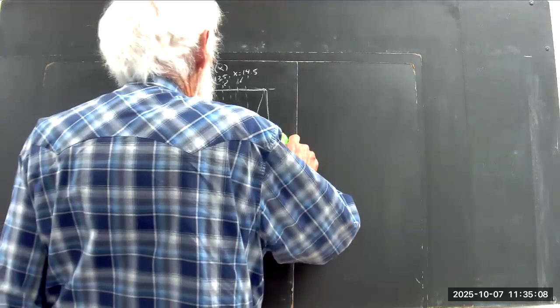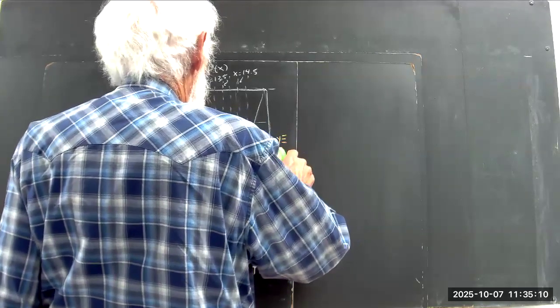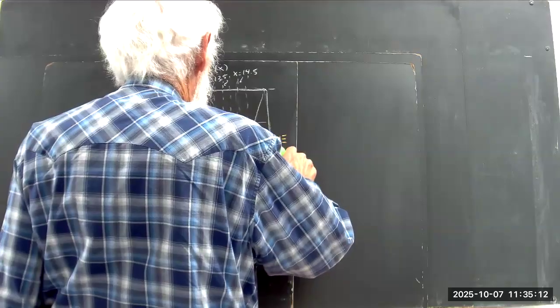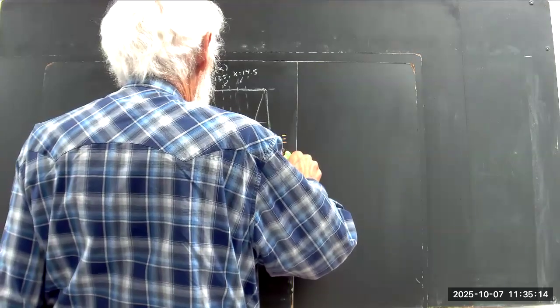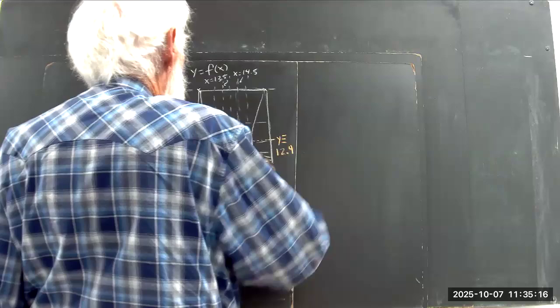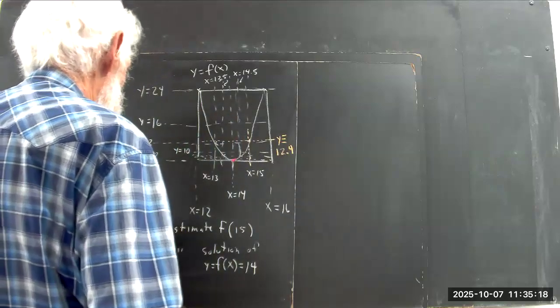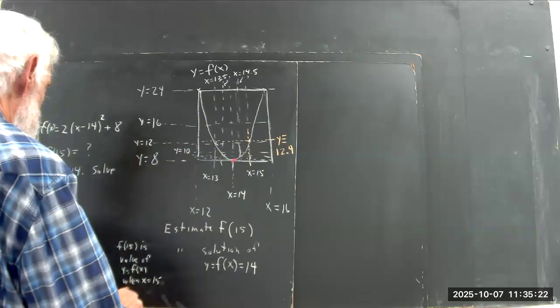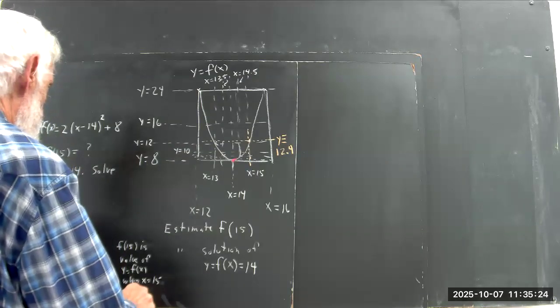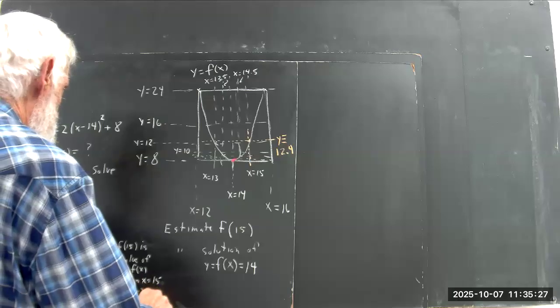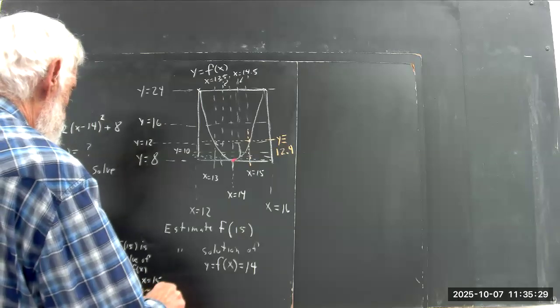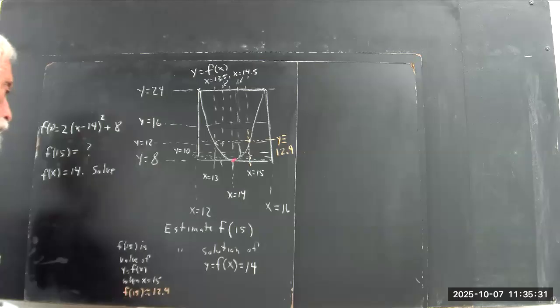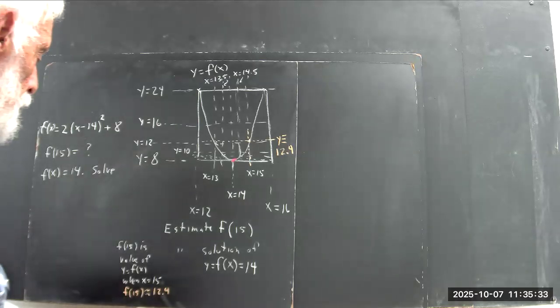So I'm going to say y is approximately 12.4. So from this estimate, f of 15 is approximately equal to 12.4.